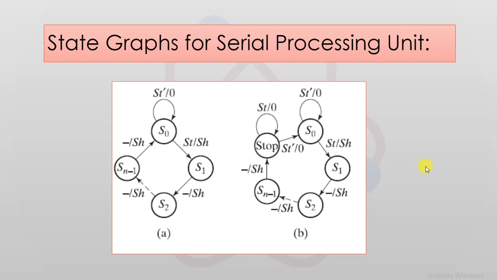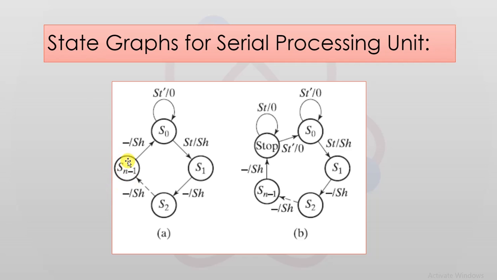So the control for the serial processing unit will generate a series of shift signals. So when the start signal is equal to 1, the first shift signal will be generated. If the shift registers have, say, n bits, then a total of n shift signals must be generated, so that you can see from the state graph we have not concluded with just 4 bits.